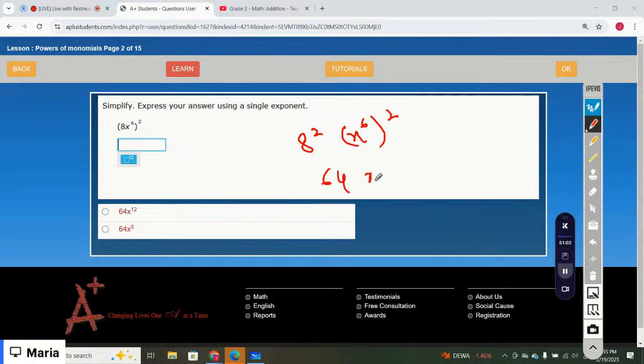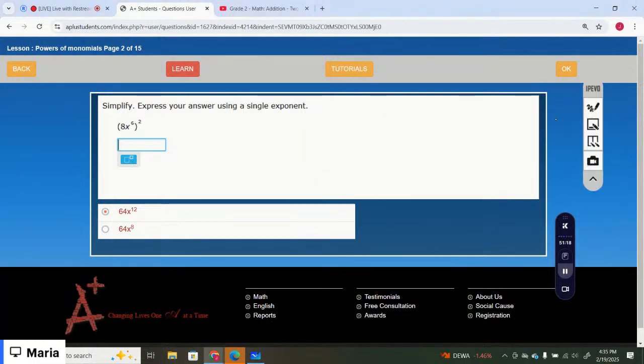That is 64x^12. Option number 1 is the correct option. Got it?